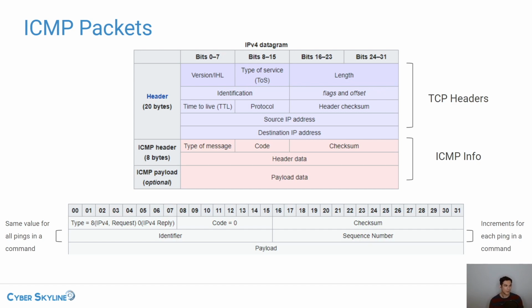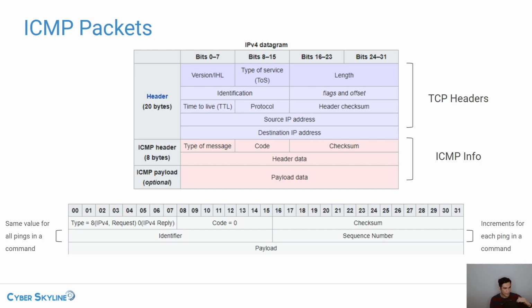The bottom part in the red is specifically information that we need for ICMP. You can see that there's an ICMP header. It's 8 bytes. The first byte is used for the type of message. The second byte is used for a code. The third and fourth bytes are used for a checksum. And then the next 4 bytes are the header data.